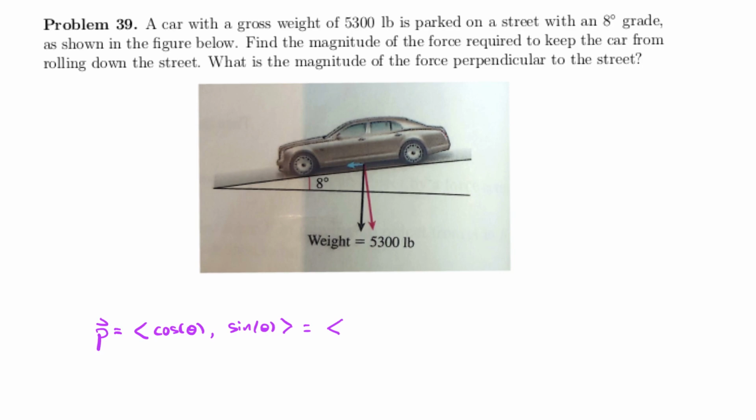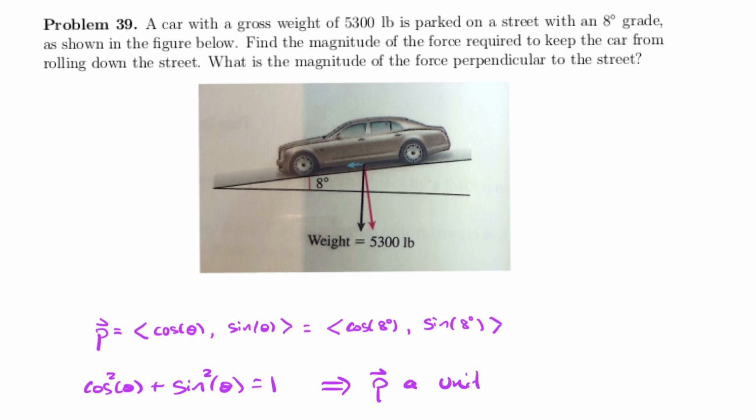In this case we have the cosine of 8 degrees and the sine of 8 degrees. Because of our Pythagorean identity, cosine squared of an angle plus sine squared of the angle is 1, that tells us that our vector P will be a unit vector.